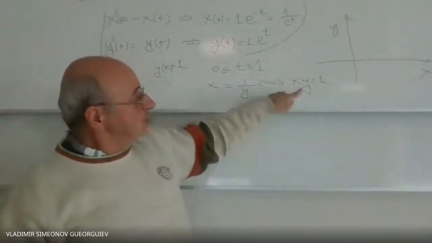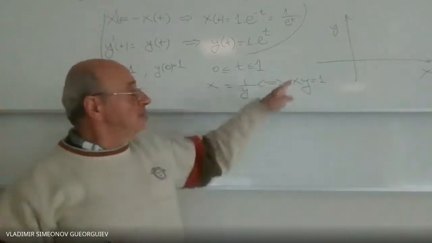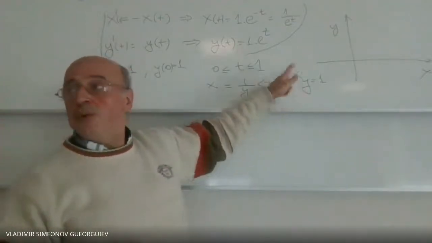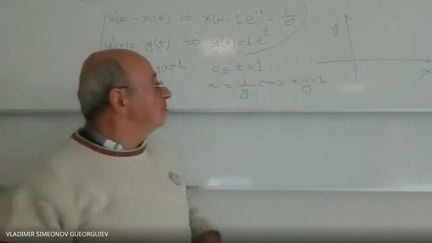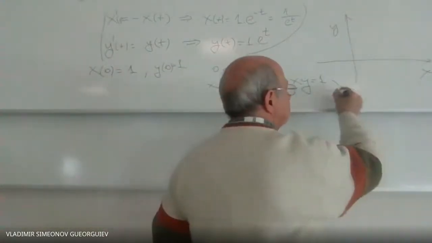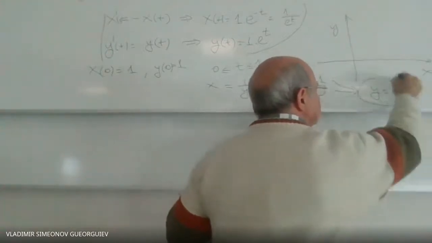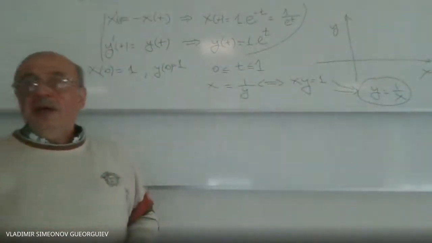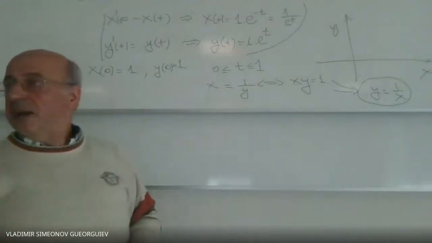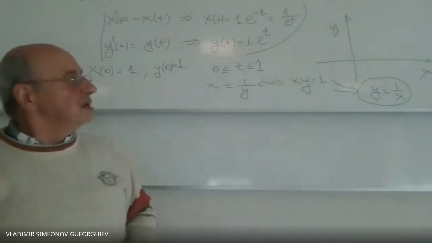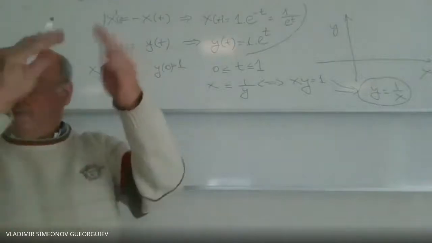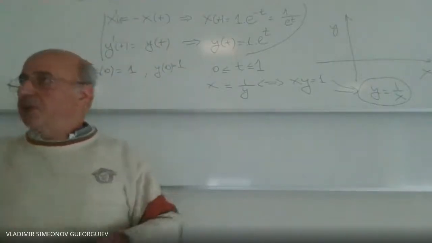How we shall express epsilon in terms of x? Epsilon shall be 1 over x. So from here, we get epsilon equal 1 over x. This is elementary function, and we can build very easy the graphic. How we shall build? Putting few points to have the idea how is the graphic, and then connecting these points.